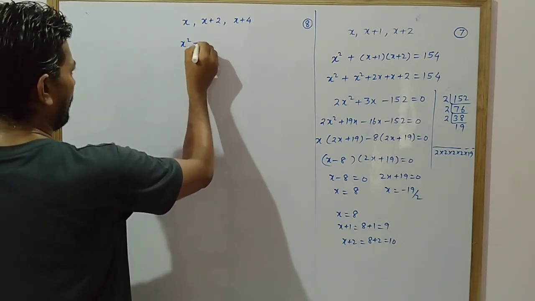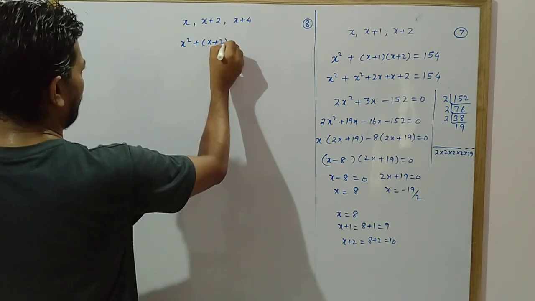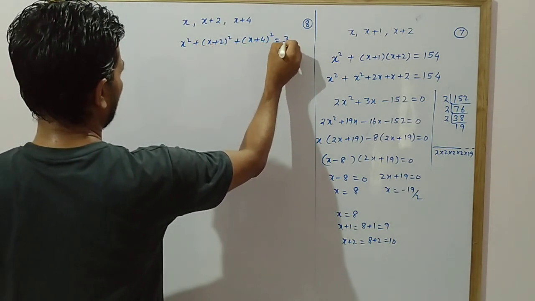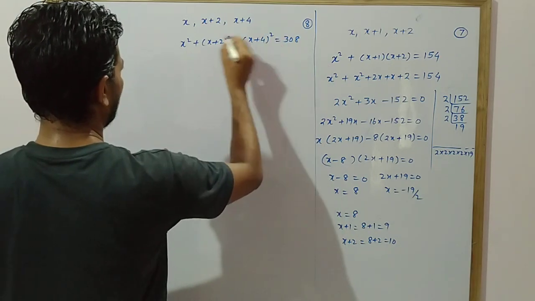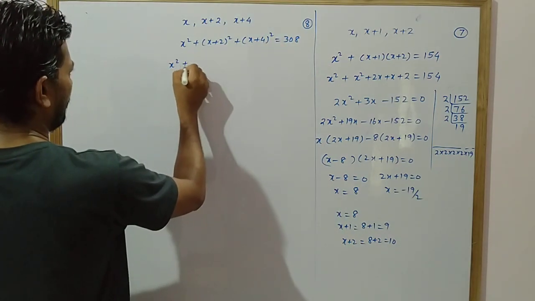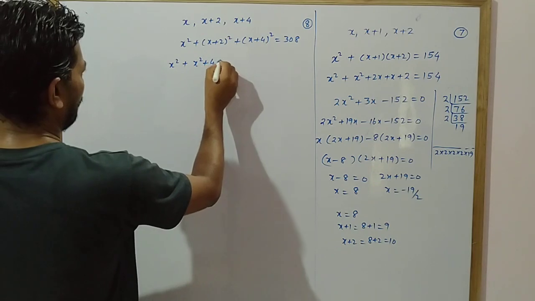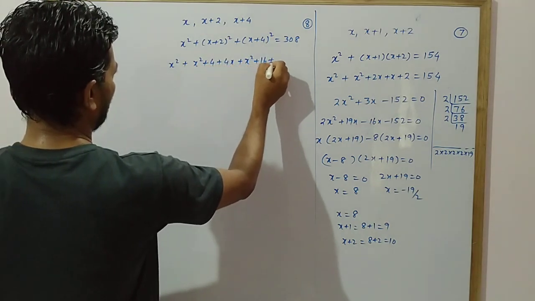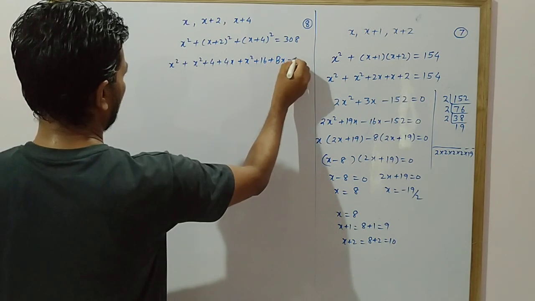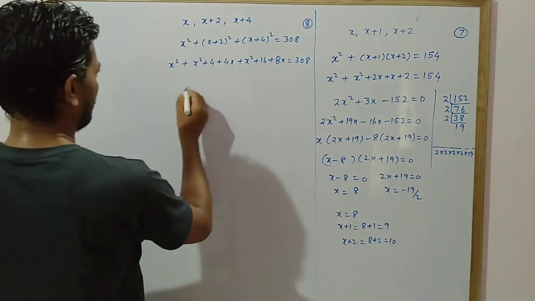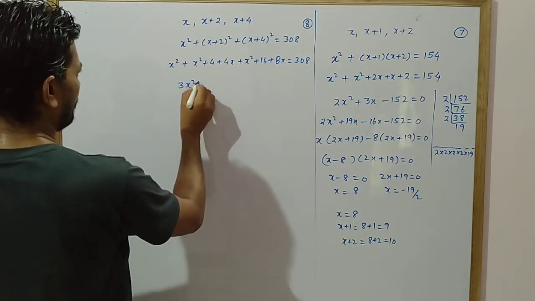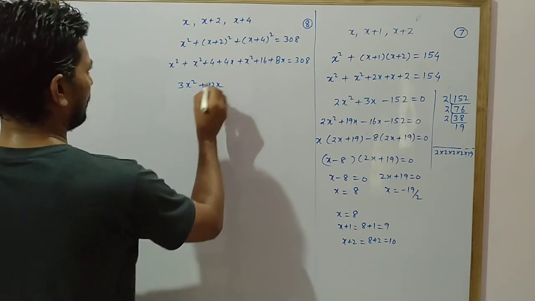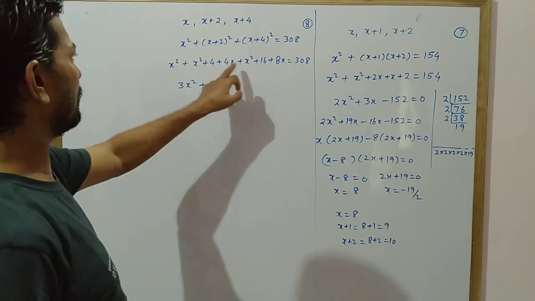So x square plus (x plus 2) the whole square plus (x plus 4) the whole square equal to 308. So this is x square plus 4 plus 4x, x square plus 16 plus 8x equal to 308. So this is 3x square, 4x plus 8x, that is 12x, and here it is 16 plus 4, 20.